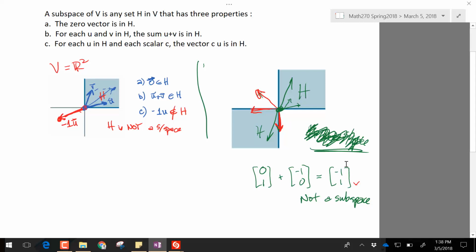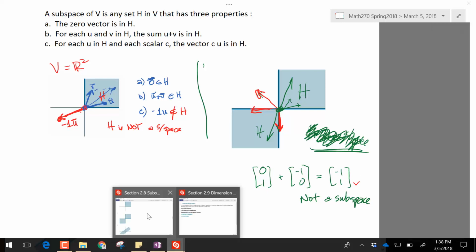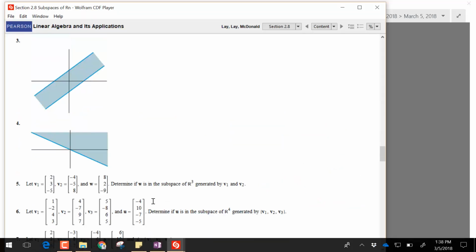Well, it doesn't include the subspace. You think any of these would work then? You think so? Because if you're over here, the negative. Wow. What good is this?